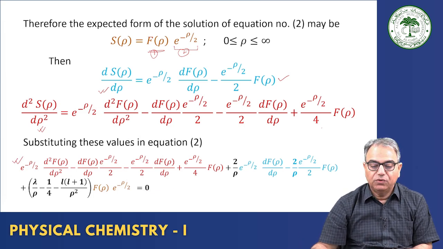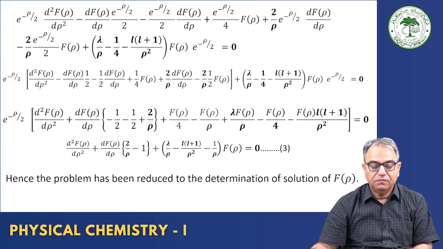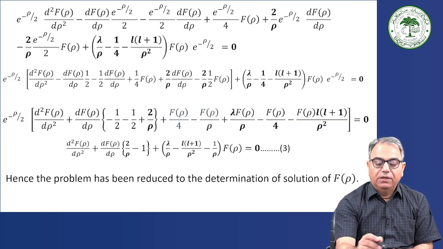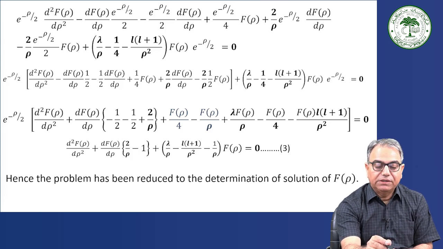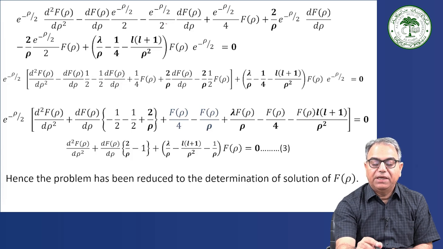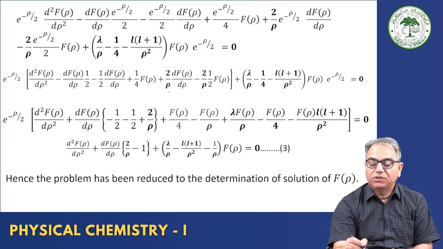And what do you do with this equation? You rearrange it. This is the same equation, where you take exponential minus rho divided by 2 common, and you have d square f rho divided by d rho square minus 1 by 2 df rho divided by d rho, then minus 1 by 2 df rho divided by d rho plus 1 by 4 f rho, plus 2 by rho df rho divided by d rho.